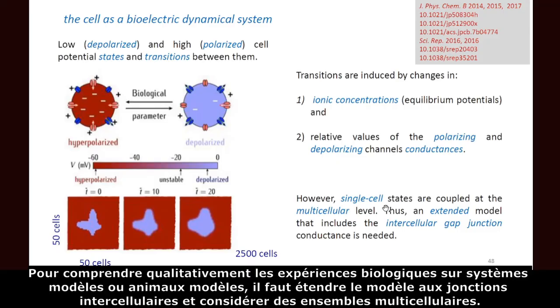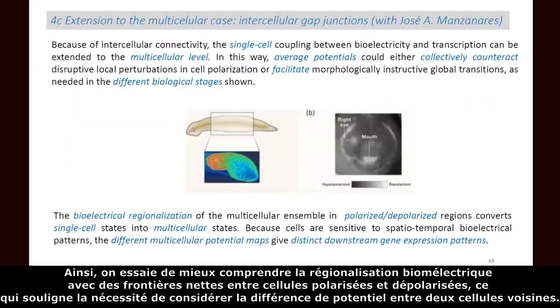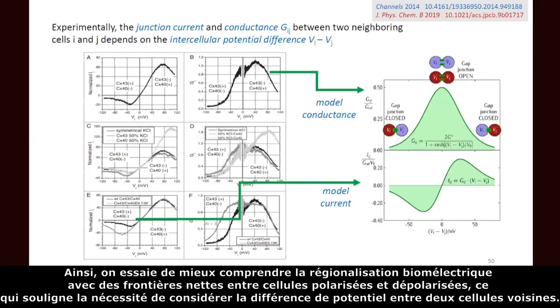we need to extend the model to the case of intercellular gap junctions to consider multicellular ensembles. To this end, we try to understand better, which means to have a bioelectrical regionalization with sharp boundaries between depolarized and polarized cell states. And this points out the need to consider the potential difference between two neighboring cells.